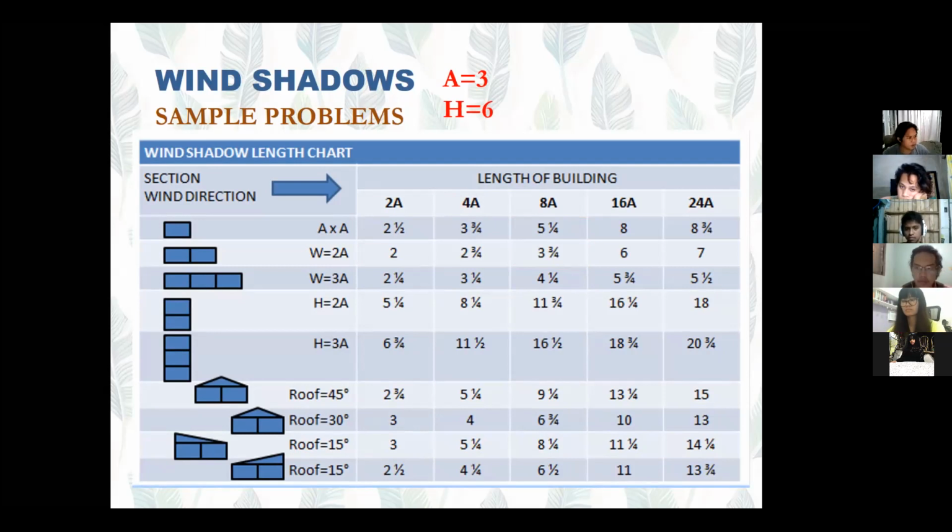A will always be the shorter side of the section. Tapos, i-check mo lang yung build-up niya. For example, kumbaga, itong width niya is equals to 3A or if the height is 3A. So, i-check mo lang yung proportion. So, A could either be the height or the width. Depende doon sa make up ng section. If it's mas pataas siya, compare mo yung height and width, okay? So width is the A. Kapag mas mahaba naman yung width kaysa height, width is the A.